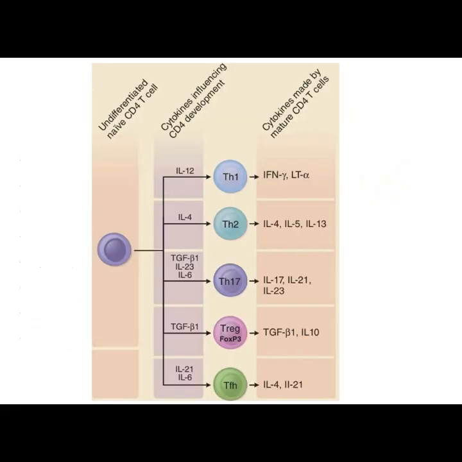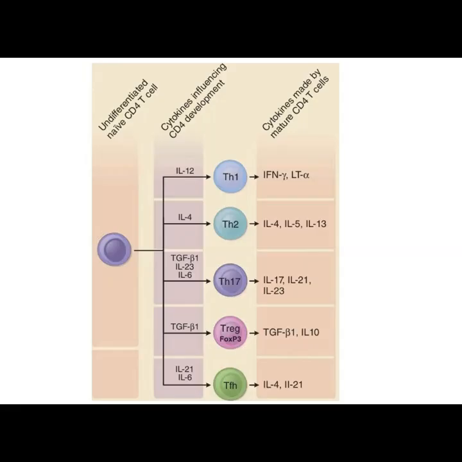IL-4, IL-5 and IL-13 produced by Th2 are involved in allergy and parasite defense. IL-17, IL-21 and IL-22 are produced by Th17 and involved in inflammation and autoimmunity. Treg produce TGF-beta and IL-10 and are involved in suppressive tolerance.